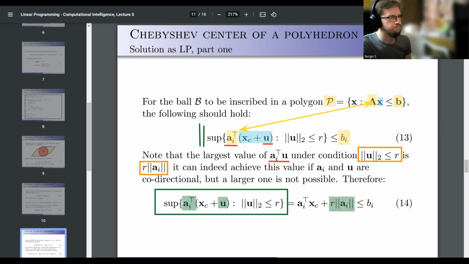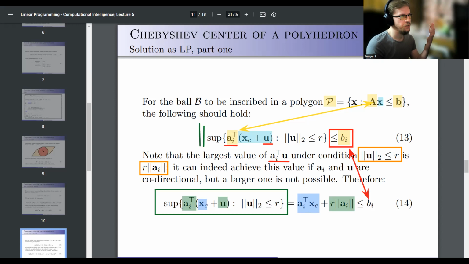Second, this part doesn't go away; it stays. Here we forgot this part, so of course it should have stayed. That's it. So we managed to simplify our condition to be inside a polytope.